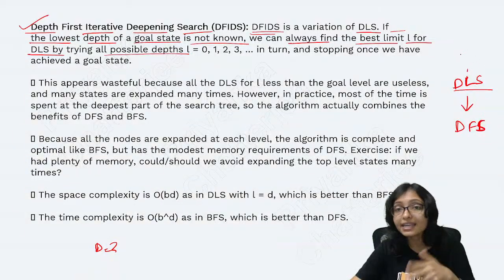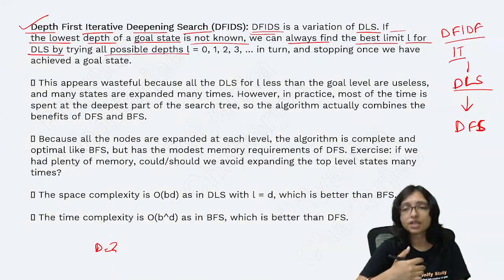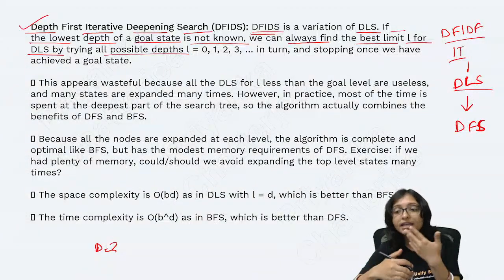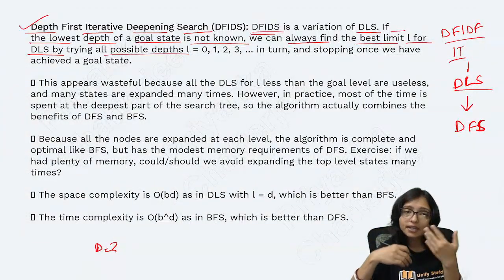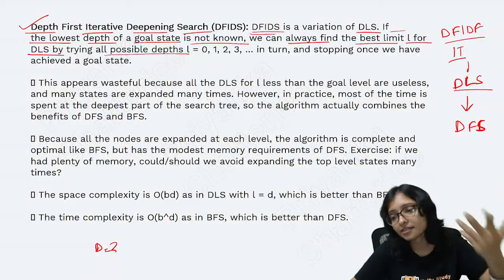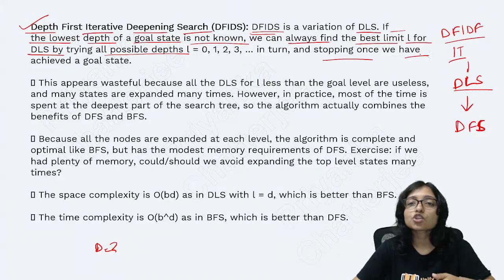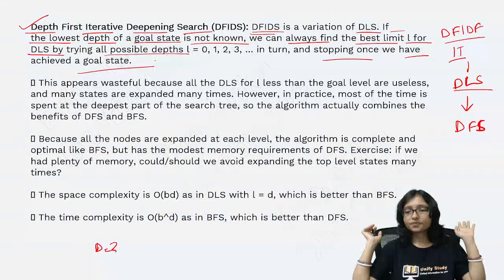After that I add another wrapper, the iteration over depth: DFIDS, depth first iterative deepening search. One by one I increment the limit and run the same concept. I can stop when I achieve the goal.